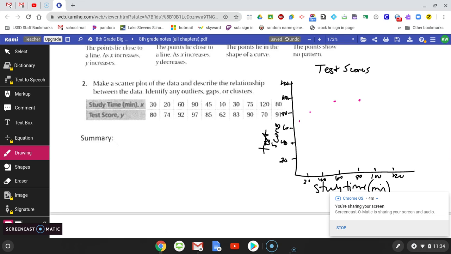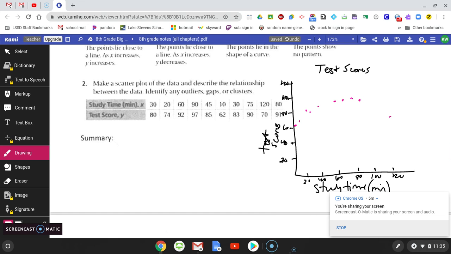And then 45, 85. 10, 62. 30, 83, so right 30 up 83. 75, 90. 120, 70, right? 120 up to about 70, and 80, 91. So right 80 and up to about 91.